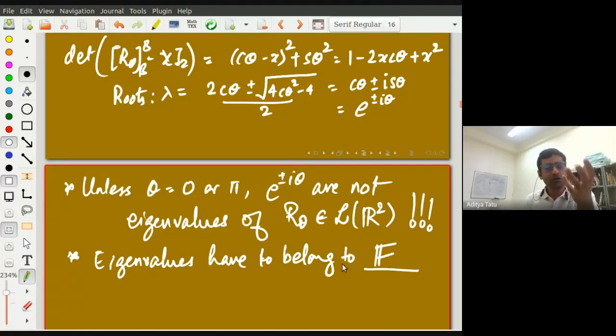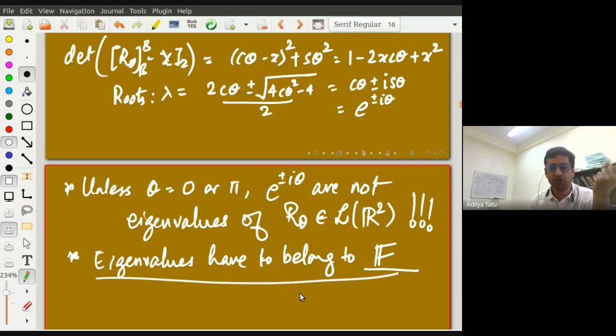Because once lambda belongs to the field, we know lambda times u also is an element of the same vector space. But if lambda is not from that field, then lambda u is not necessarily a vector in that vector space. Okay, so this is important. And for this example, it means r theta does not have any eigenvalue.